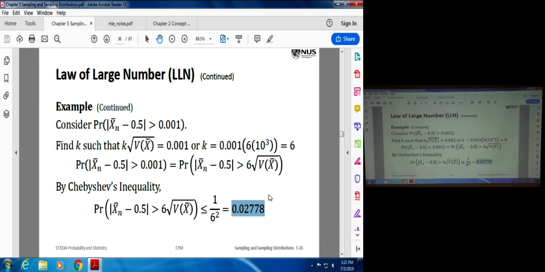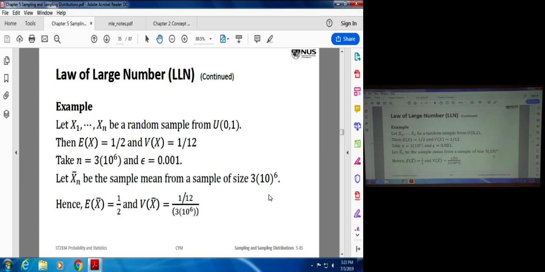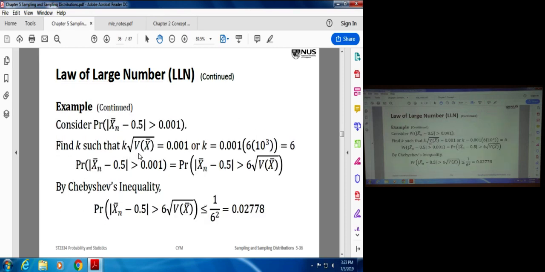And you can imagine that if I made n much, much bigger than 3 times 10 to the power 6, then the variance of x bar gets smaller. So for the same value of epsilon, k times the square root of the variance of x bar is fixed, so k will get much, much bigger, and this upper bound will get much smaller.